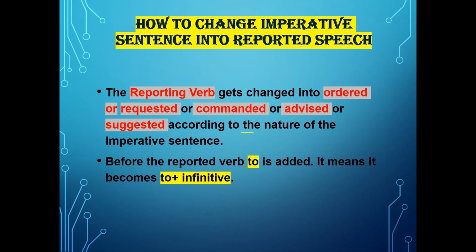The nature of imperative sentence means if the imperative sentence is an order, then the reporting verb will change into ordered. If it is a request, then it will change into requested. If it's a command, then it will change into commanded. If it's an advice, then it will change into advised. If it's a suggestion, it will change into suggested.